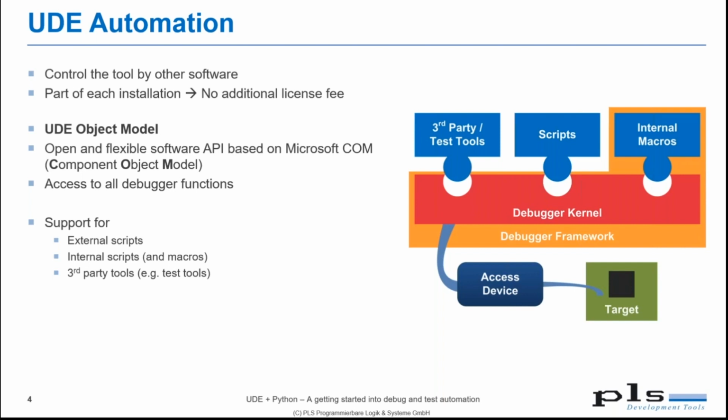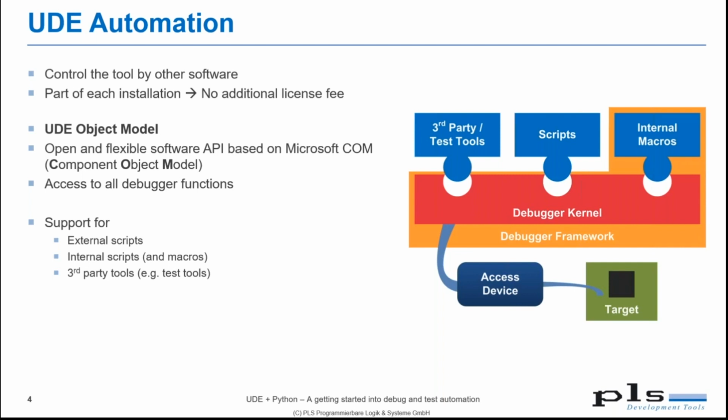So you can see here on that picture that scripting is only one part of the usage of the object model. The object model can also be used for coupling third-party tools, so it provides the base technology for that.